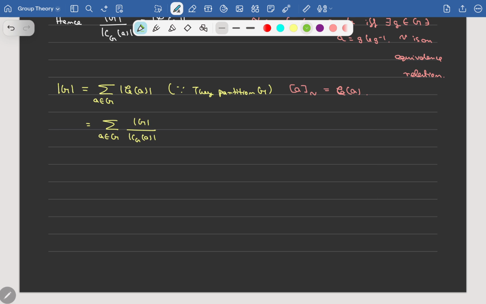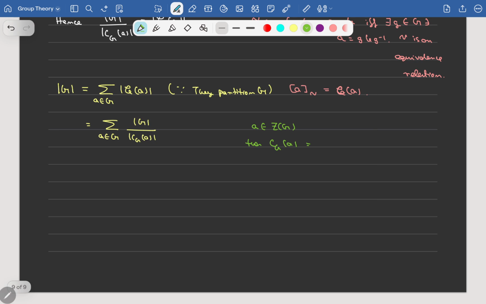But then observe something very interesting. Suppose A is an element in the center of G, then what should be the conjugacy class of A? I'm extremely sorry, I was confusing what I was saying.